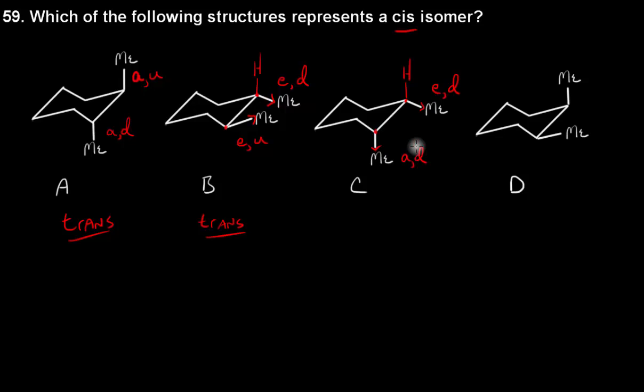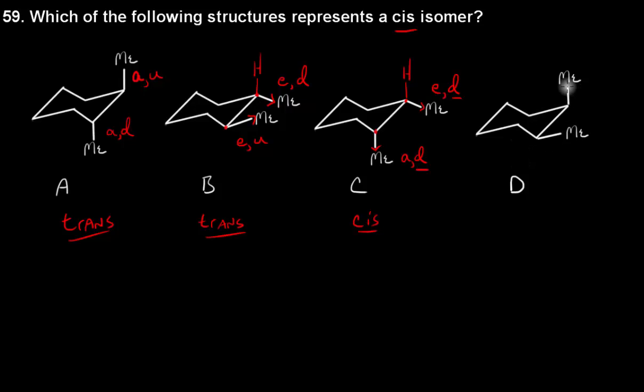Now again, we already said that whether something's equatorial or axial, that's not the criteria we use to figure out whether something's cis or trans. The criteria is whether they're both pointing down or both pointing up. So because they're both pointing down, these methyl groups are cis to each other. So this is the cis isomer.